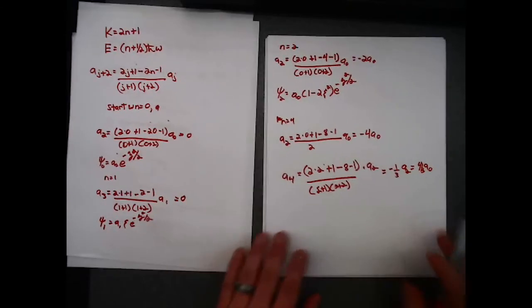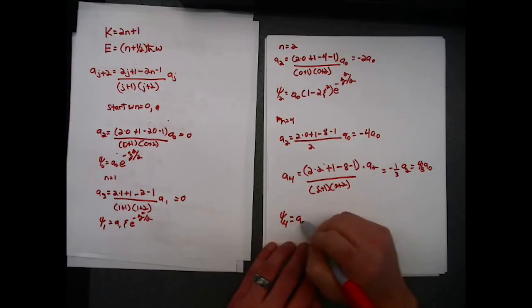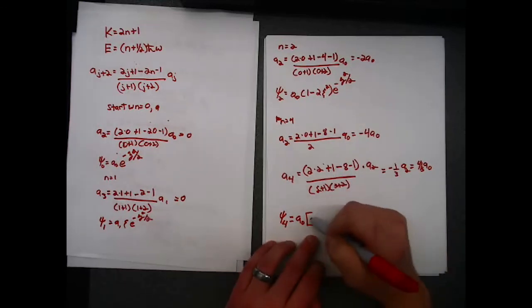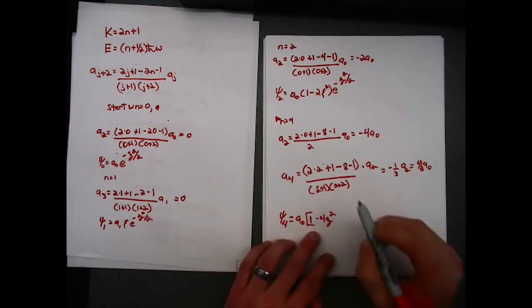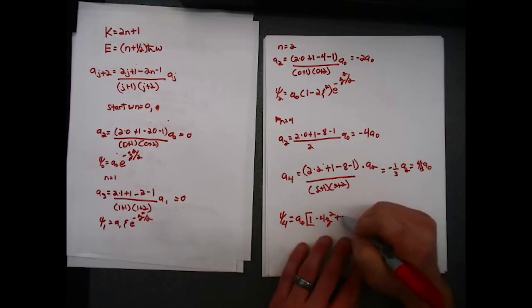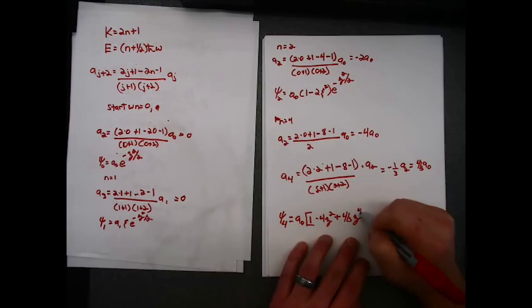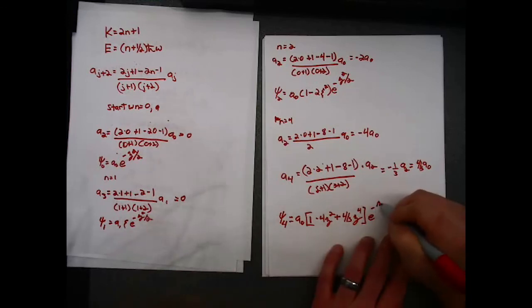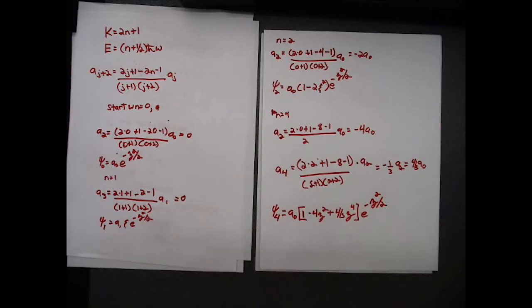And so then we can rewrite this as psi 4 is going to be equal to a0 times 1 minus 4c squared plus 4/3 c to the 4th, times e to the minus c squared over 2. And so this is how we can use this to find the wave functions.